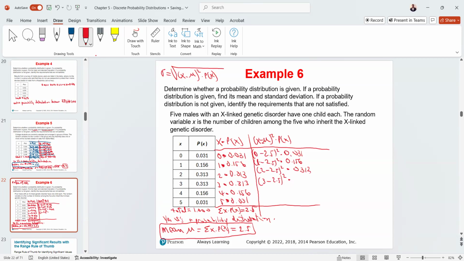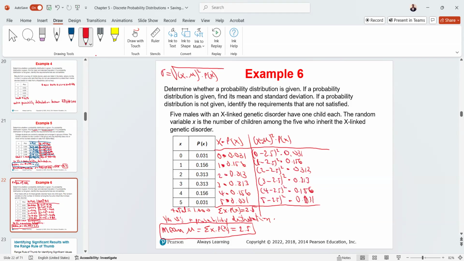The mean never changes, times the probability for that column, which is 0.313. And we have 4 minus 2.5 squared times 0.156. And we have 5 minus 2.5 squared times 0.031. Okay.